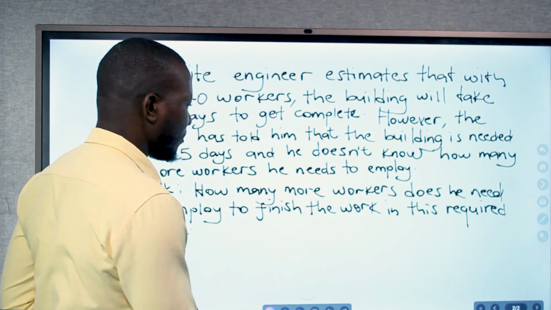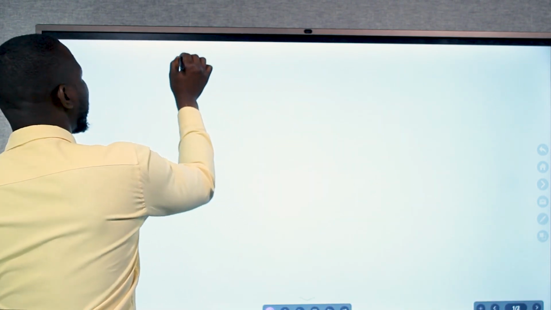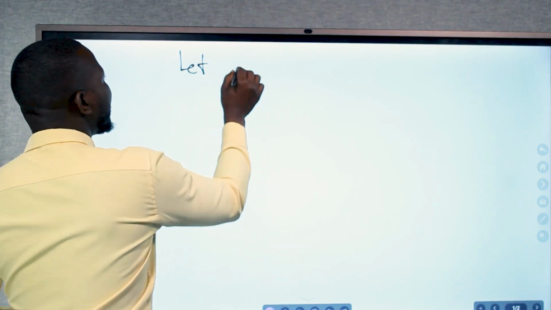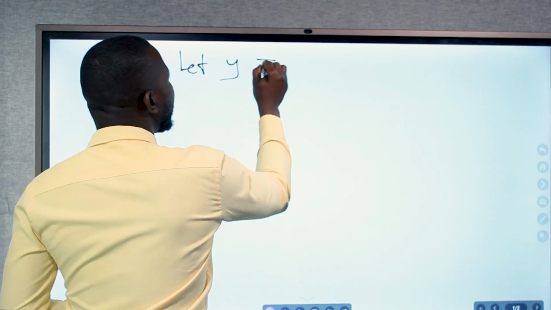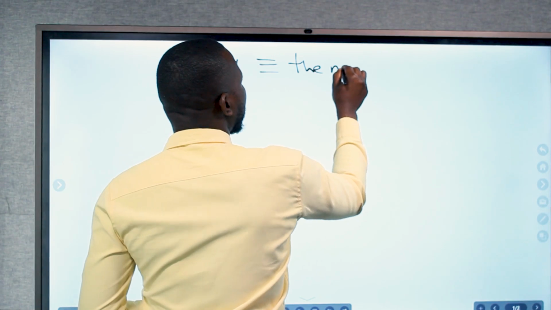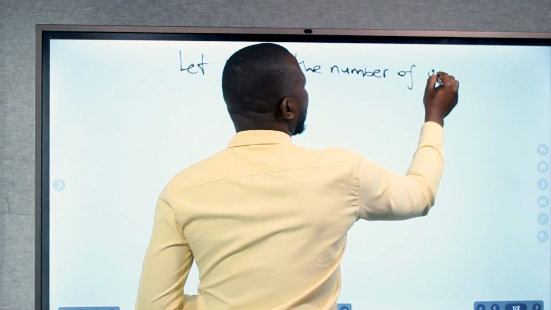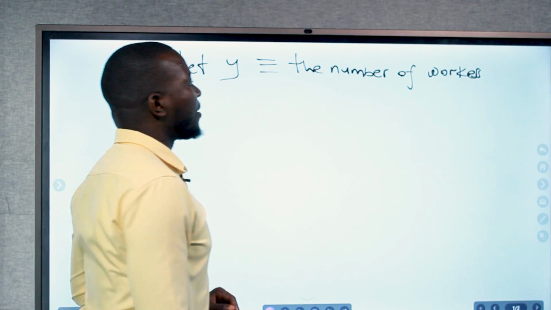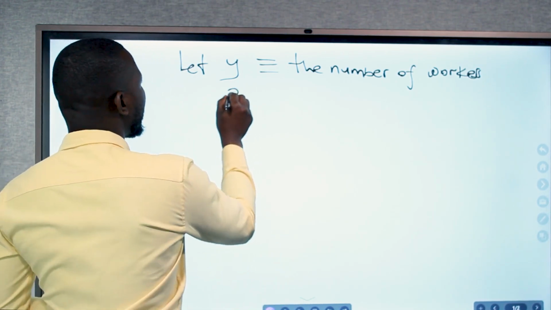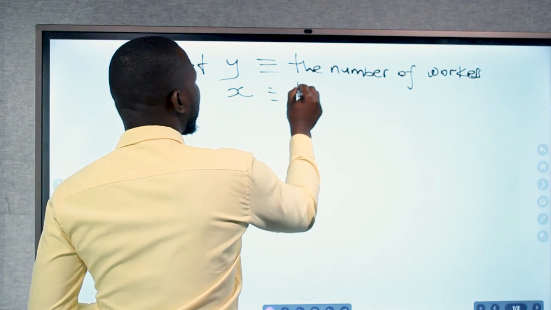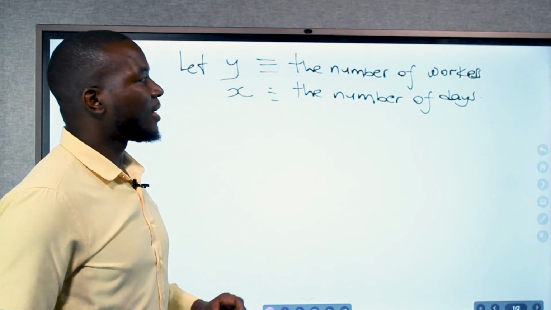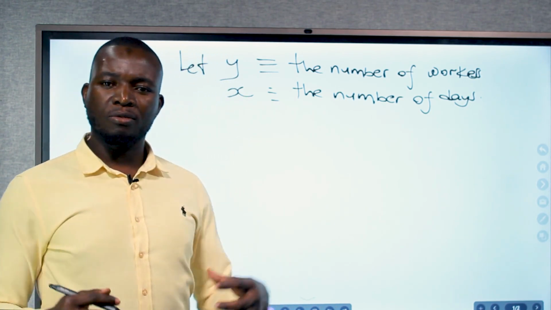You begin by letting. So you can say, let y represent the number of workers. Then, for example, x denote the number of days that these workers are going to take, okay?